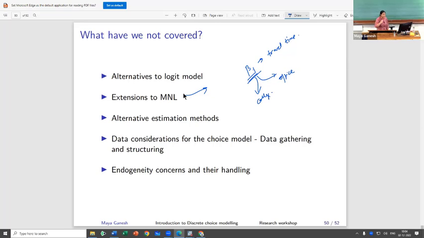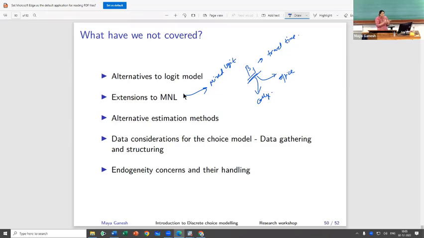And also we didn't talk about one important thing, which is the endogeneity, right? Which you would have done in your regression setup, where you say that, oh, what if right now what we have assumed is that all the explanatory variables that are going into my discrete choice model are independent of the unobserved factors, right? But it could be that your explanatory variables are endogenous, they're correlated with your unobserved factors, just like in a regression setup.